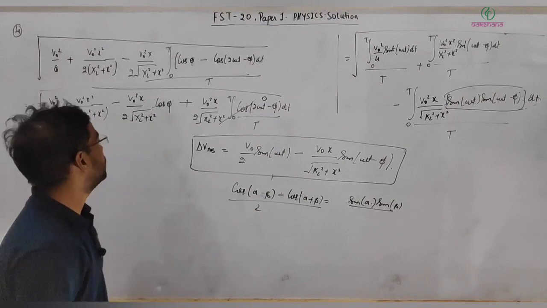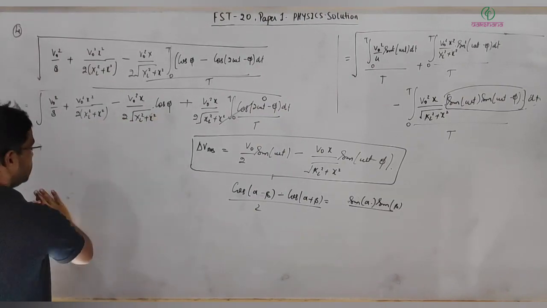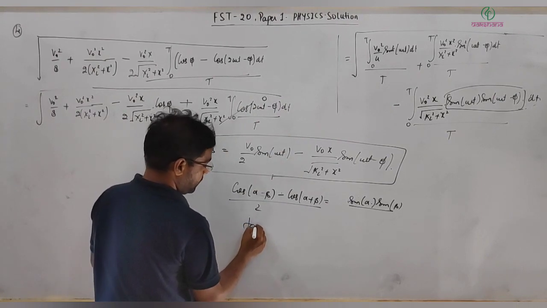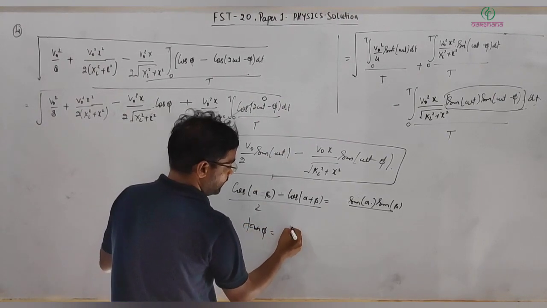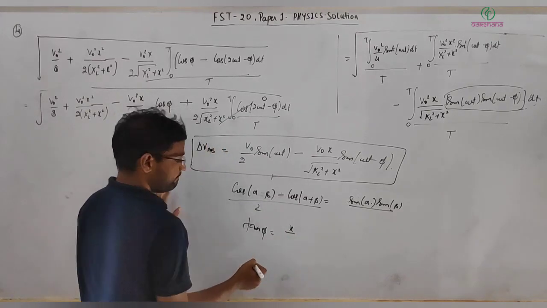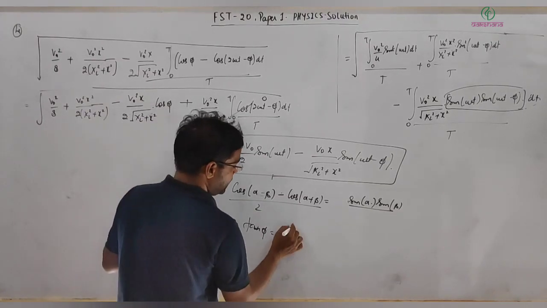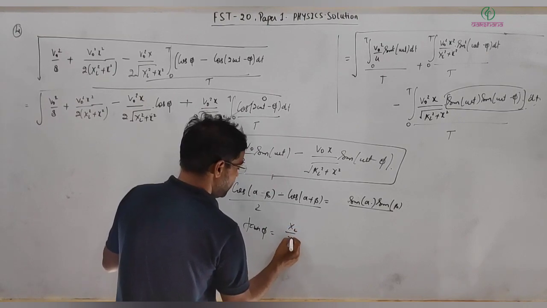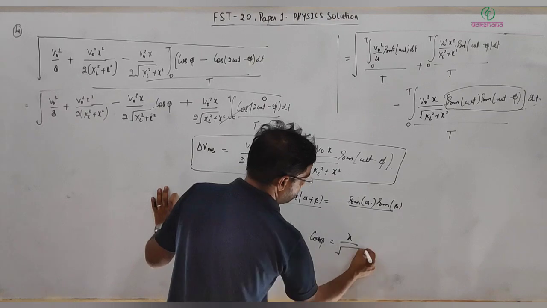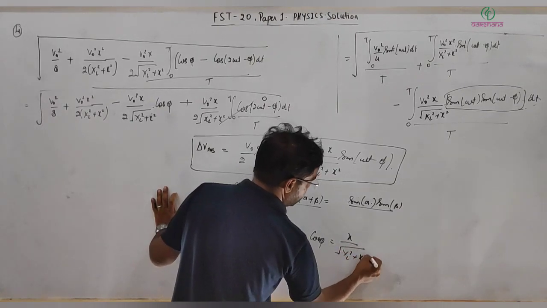The integral of this cos function over one complete cycle is equal to 0. So we are left with cos phi. I wrote there that tan phi is equal to xl divided by x, then cos phi will be equal to x divided by under root xl square plus x square.